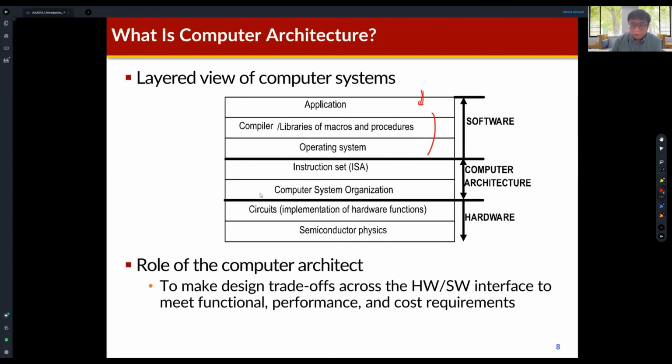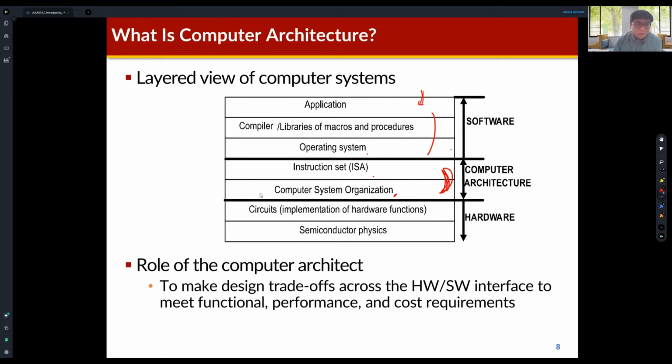But we are system guys. I believe most of you are system guys. So we focus on the lower layers of the computer system, like operating systems, instruction sets, or computer system organization and architecture. Traditional computer architecture covers these two layers, instruction set architecture and computer organization, also processor architecture.